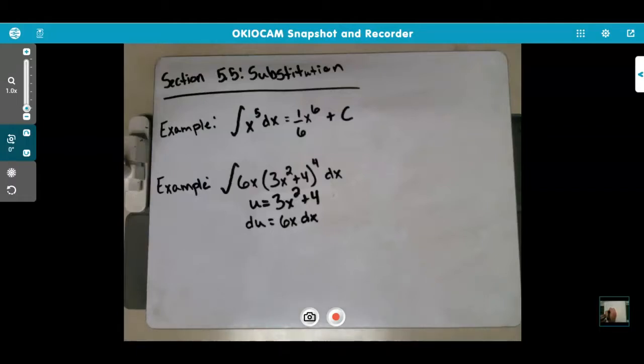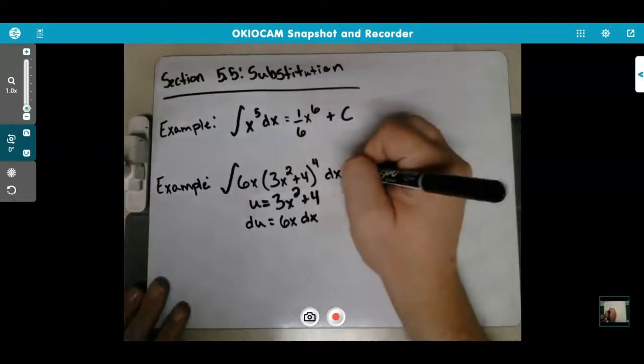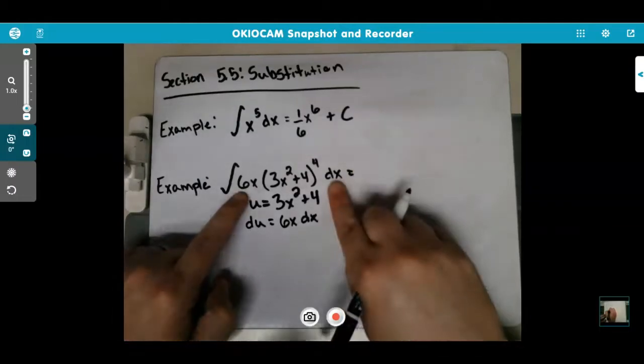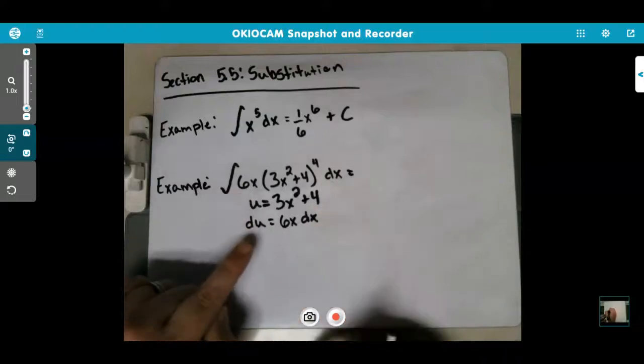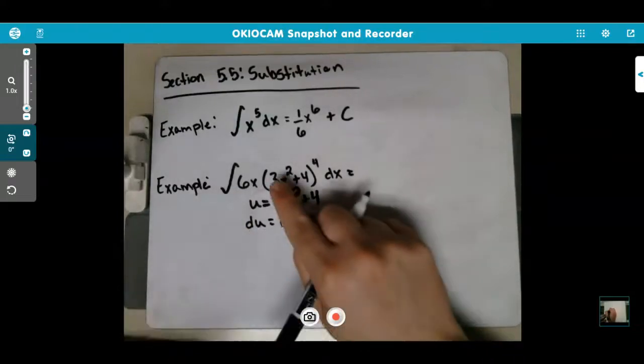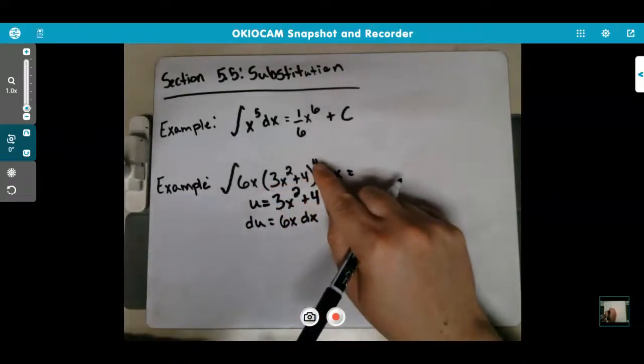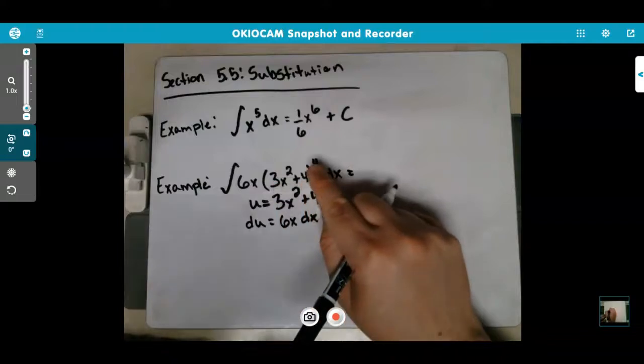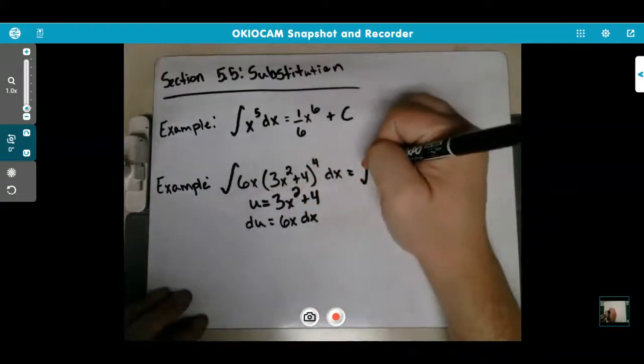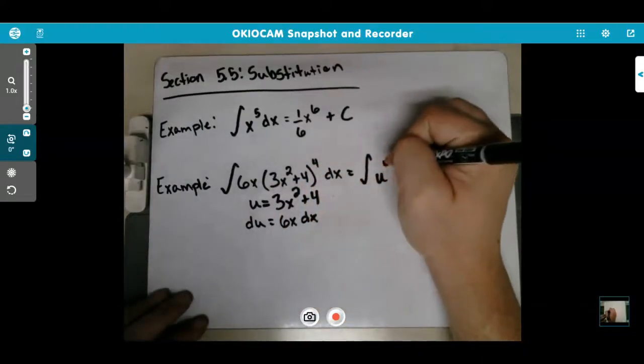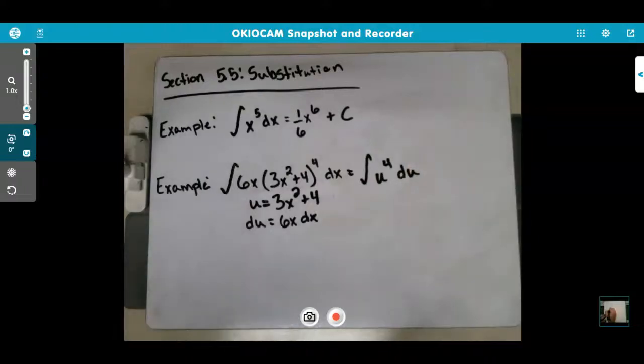So I can rewrite this in terms of the u because 6x dx transforms into du, and then 3x squared plus 4 to the 4th becomes u to the 4th. So what this actually is is u to the 4th du.